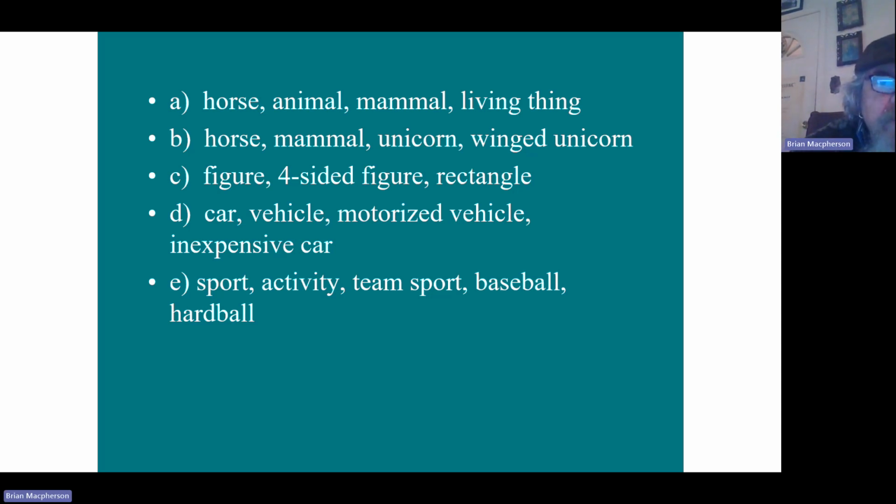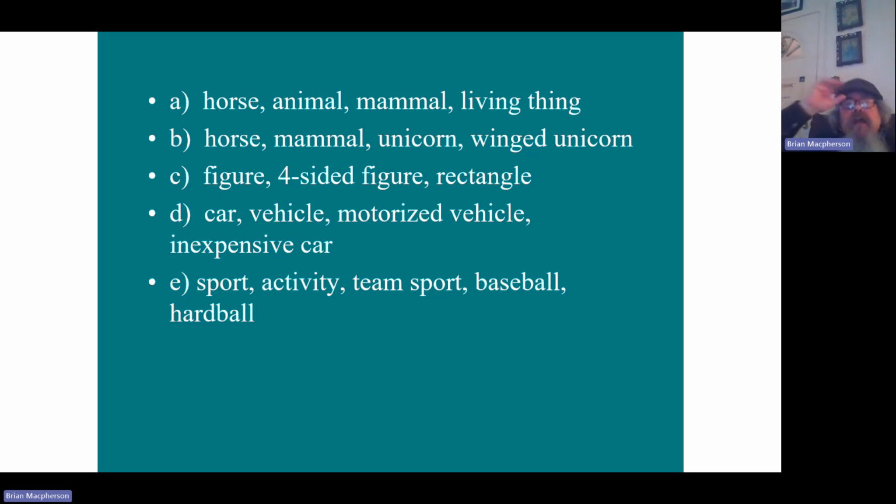Moreover, now these are mythical creatures, right? But a unicorn is supposedly in mythology a horse that has a horn. So unicorn has a higher intension than horse and a lower extension, right? And then winged unicorn has an even lower extension because it has an even higher intension. Namely, it's a unicorn and it's winged.